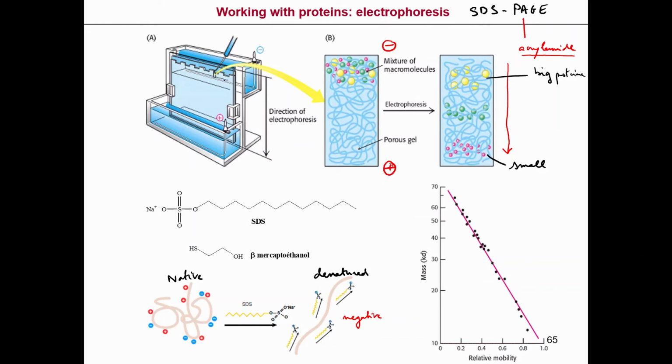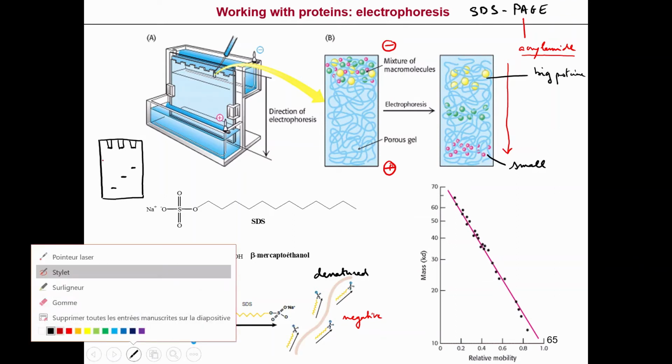For example, you have the gel. You put at the beginning your proteins in the well, and at the end you will have several depositions.